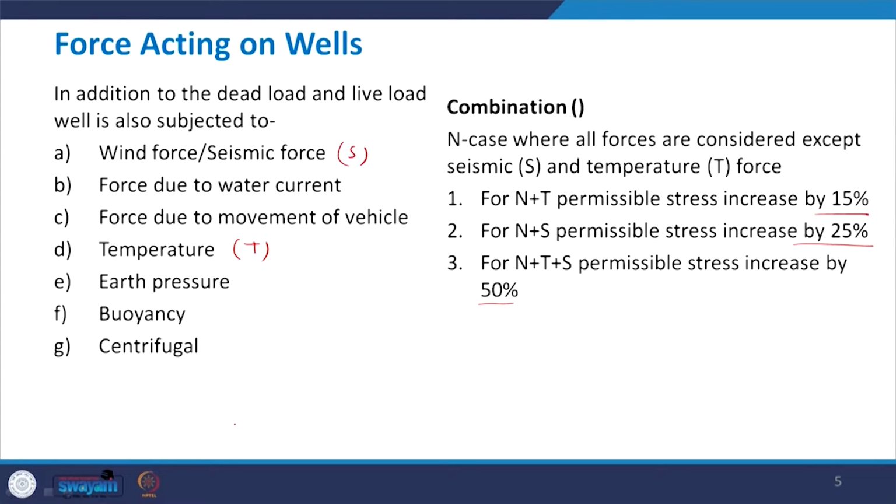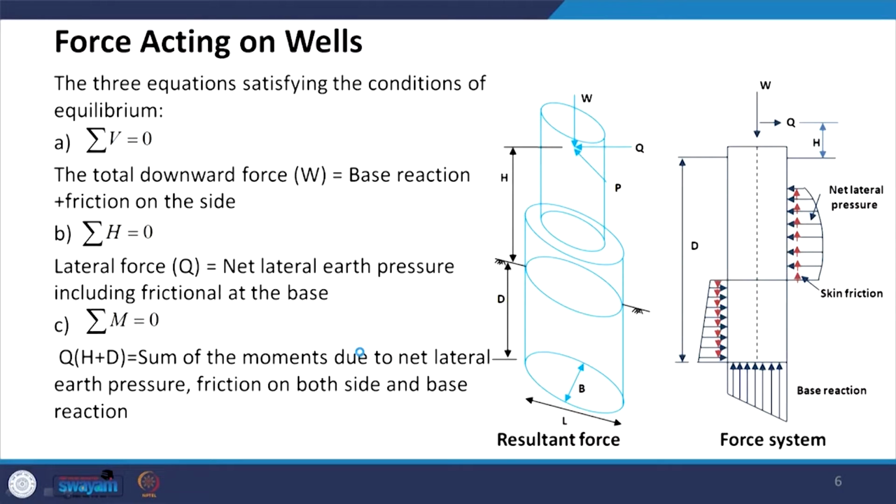So all minus A and D is your N. If you are considering all forces except what is listed in A and D, then this will be the normal force.